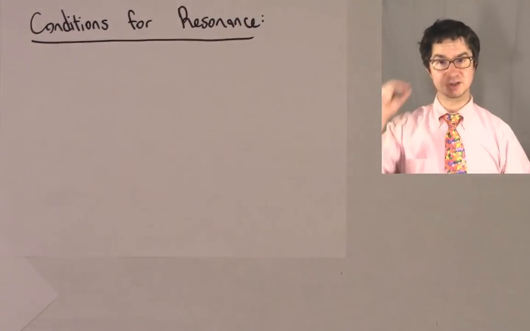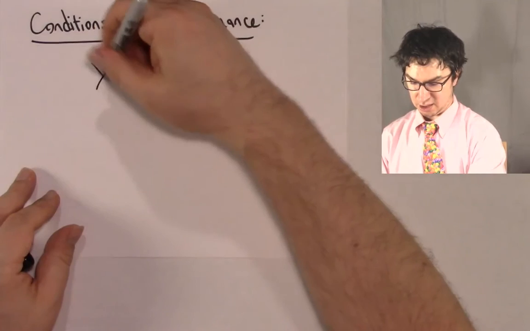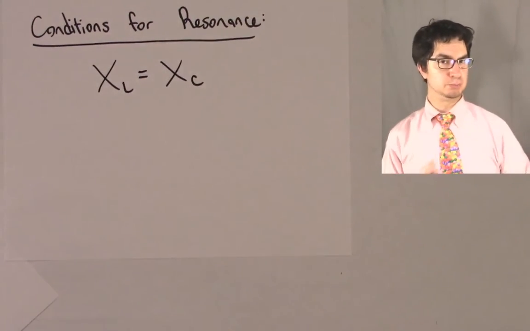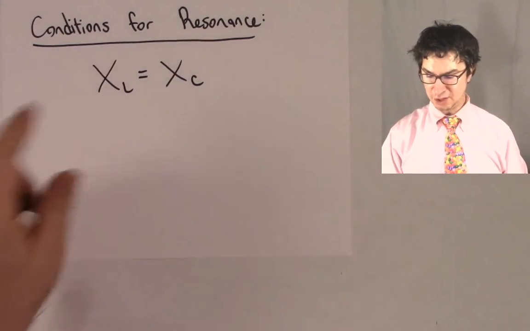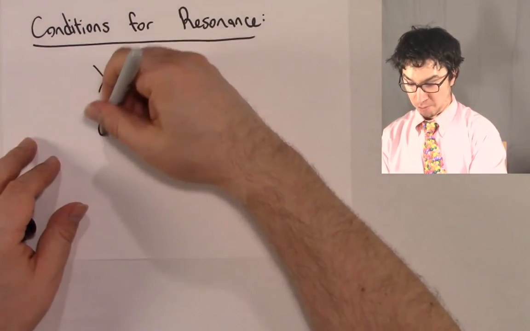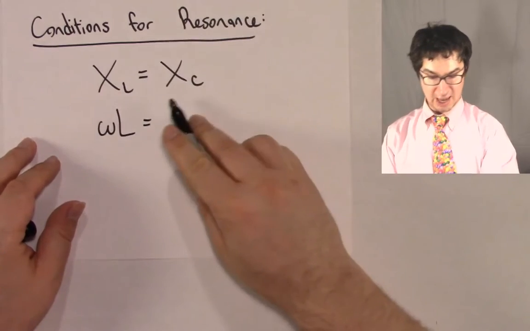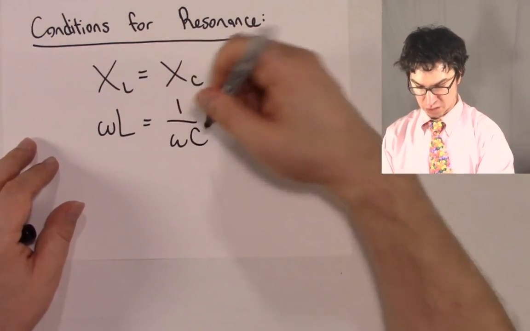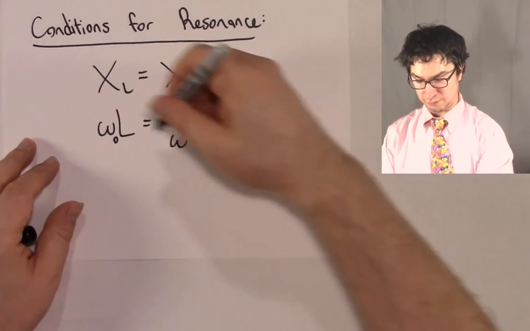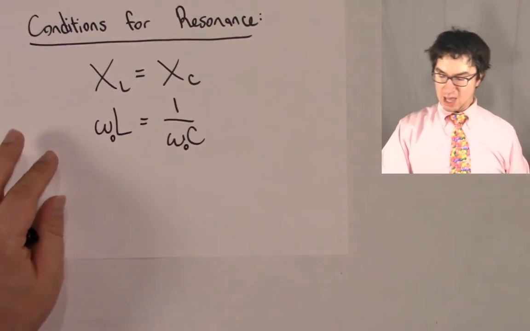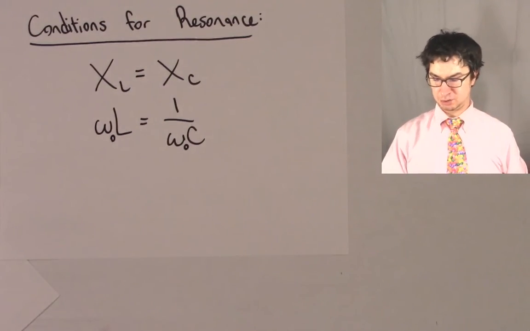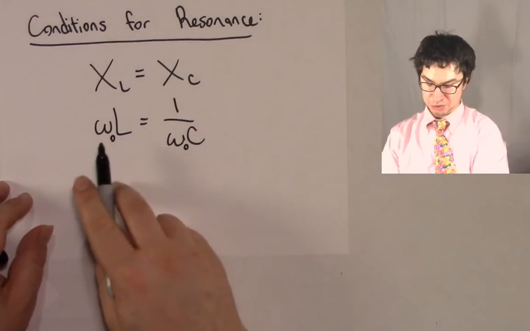The condition for resonance is simply that the inductive reactance equals the capacitive reactance. They're going to balance each other out. Now, the inductive reactance we learned was omega L, and the capacitive reactance we learned was 1 over omega C, and this is the natural frequency omega naught. And if we wanted to solve for omega naught, we would use standard techniques. So maybe we would cross multiply.